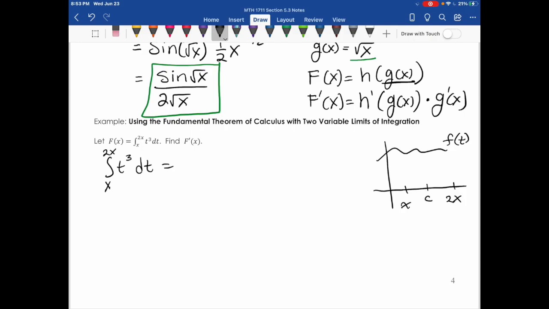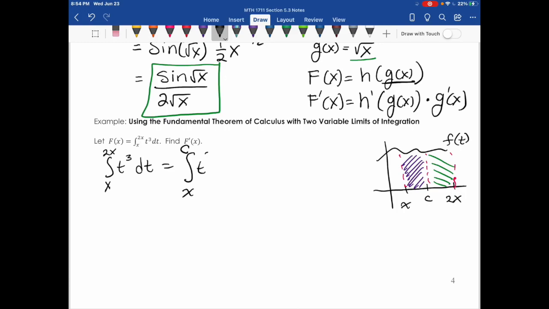And so I'm going to imagine that there's some constant somewhere in between here. Using my properties of integrals, if I take the integral from x to 2x, I can split it up into two integrals: the integral from x to c, and then the integral from c to 2x.